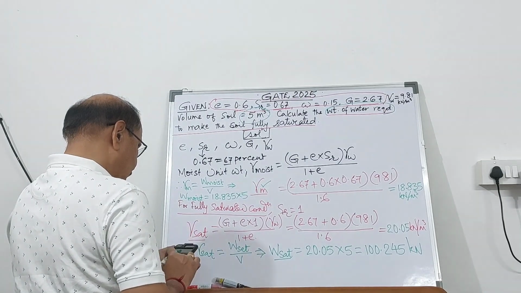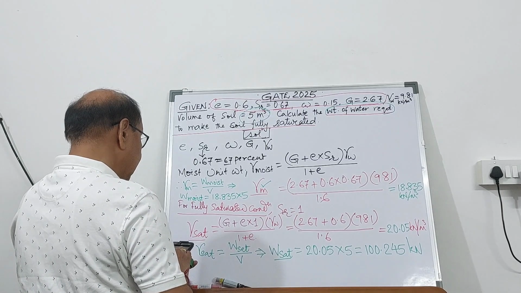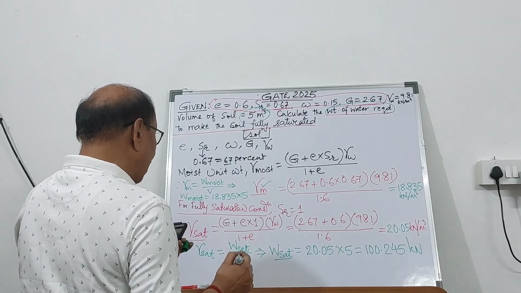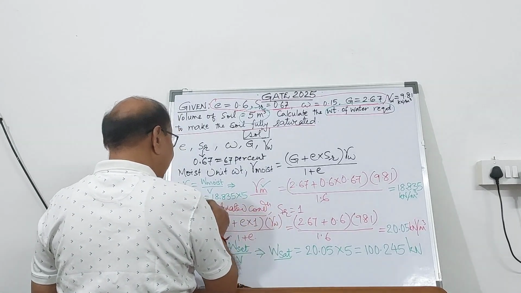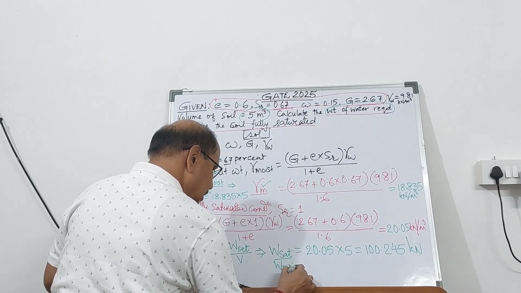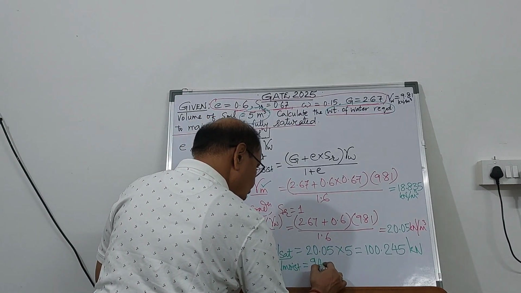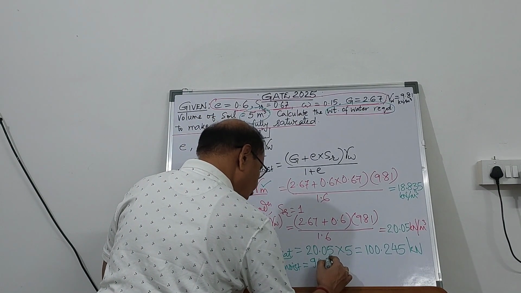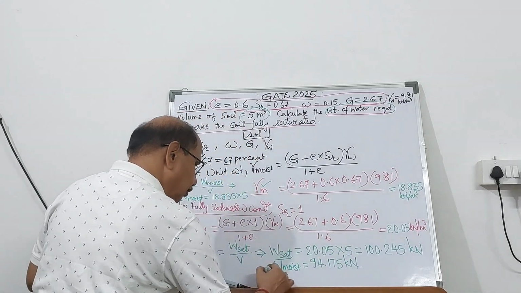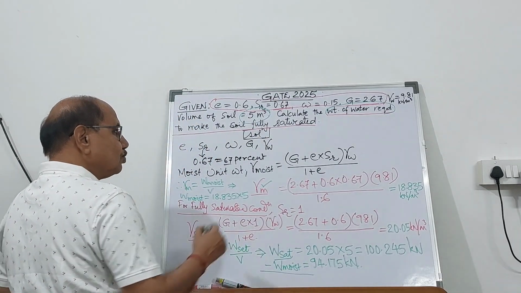So 5 multiplied by 18.835. This is 94.175. So we get the weight of moist soil is 94.175 kilonewton.